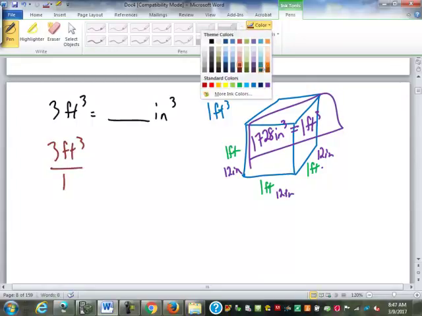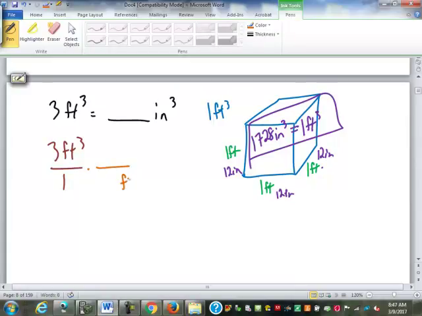Yep. So we set this up. 1 cubic foot is 1,728 cubic inches.